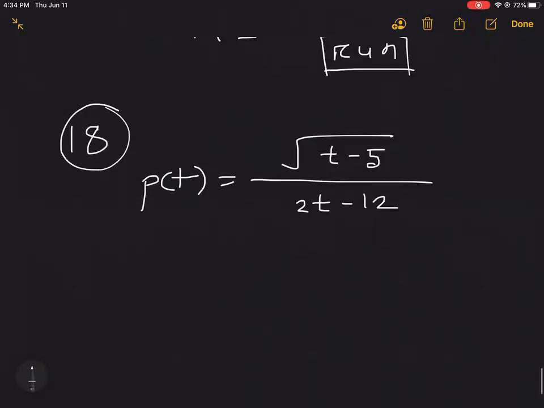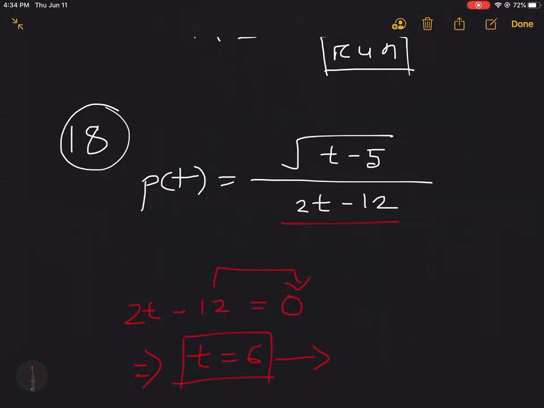So let's see for which value of t our denominator is undefined. Our denominator is 2t minus 12. Set this to 0. If we solve it, 2t equals 12, then if we divide by 2, t is 6. So one thing is for sure, t can't be 6.